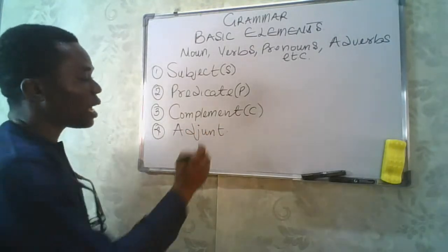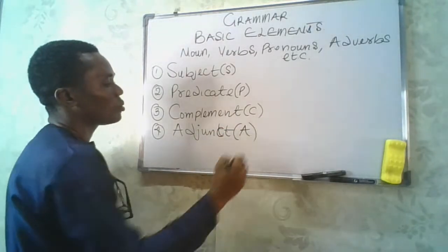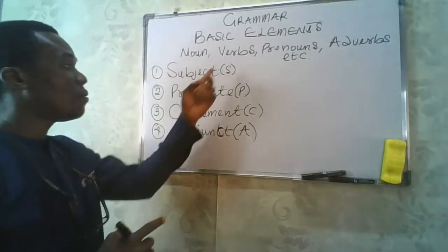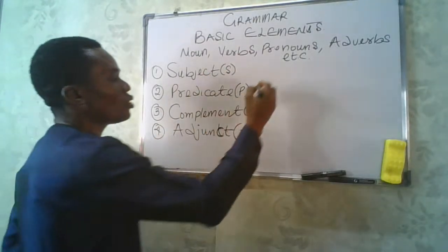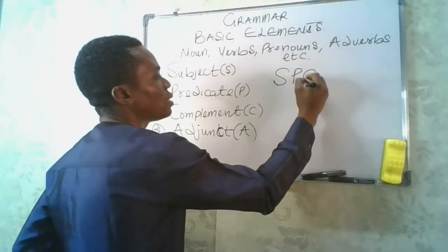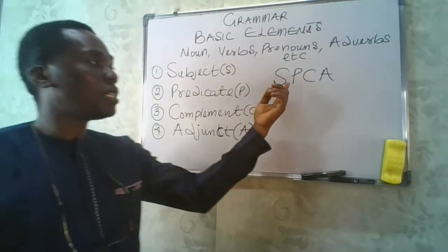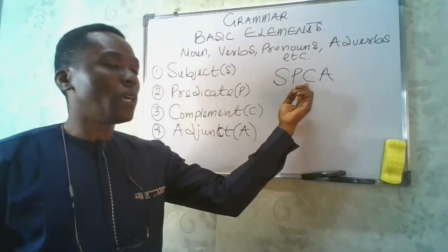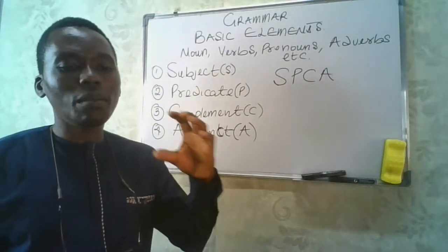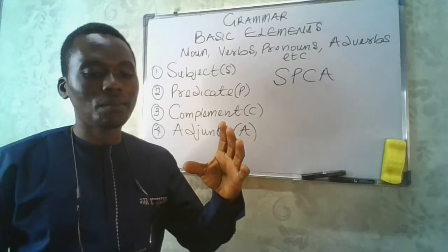Now, when we have the adjunct, which is the A. Now, we have the S, P, C, and A. So every sentence will be made up of the S, P, C, and what? A, which are the subject, the predicate, the complement, and the adjunct. Now, these are the main basic elements of every sentence.